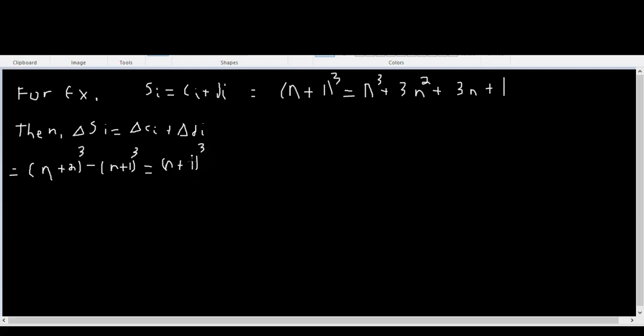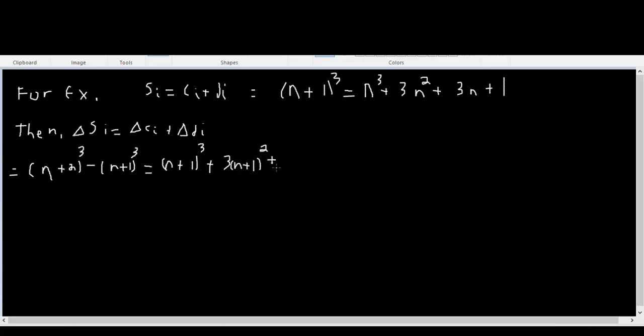Then let's find the difference of s sub i equals the difference of c sub i plus the difference of d sub i.